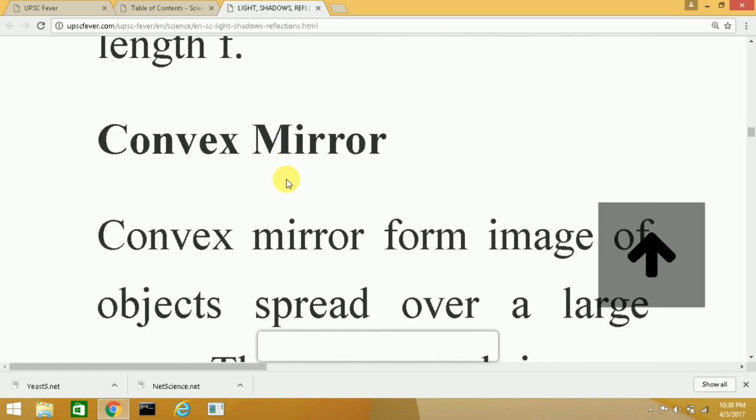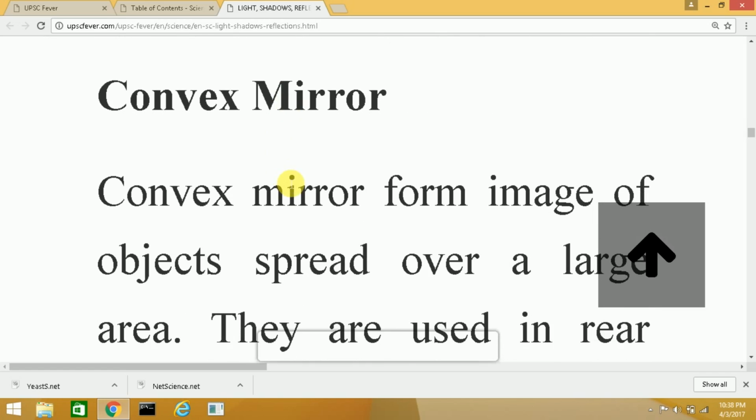Right, so the next part is the convex mirror. The convex mirror is used mainly as the rear view mirror of vehicles. The images formed using the convex mirror are virtual, erect and diminished from any angle. The images of objects spread over a larger area, and hence it is used in the rear view or side view mirror of vehicles.